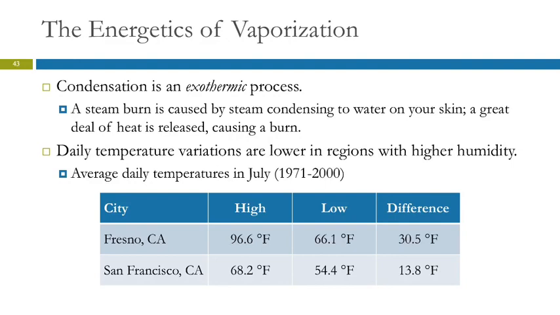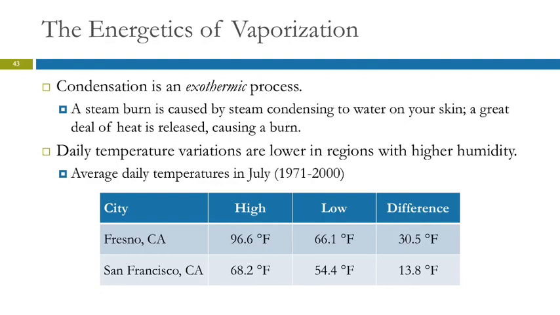I used to live in the Bay Area. It's very, very different. The low, 66 in Fresno, 54 in San Francisco. And I think what's more striking than just the actual high and low is the difference between the high and low. So in Fresno, the average difference between the high of the day and the low is 30 degrees, whereas in San Francisco, it's less than 14. The temperature just does not change very much there.